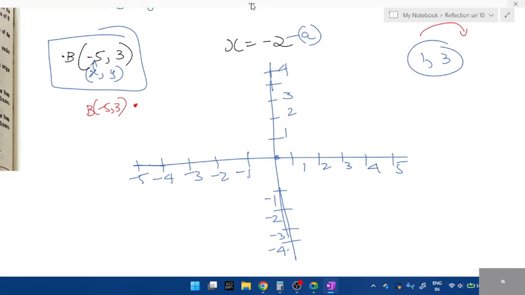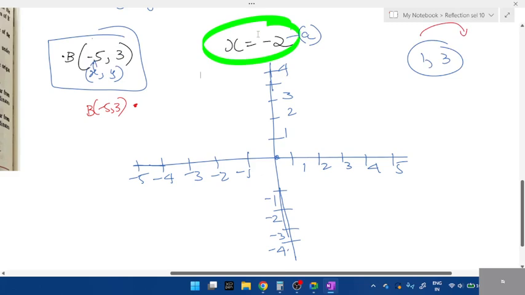Now where is the mirror, students? Mirror is at which position? Minus 2, right? The x value. Look here, x minus 2. Just draw it. This is the mirror.